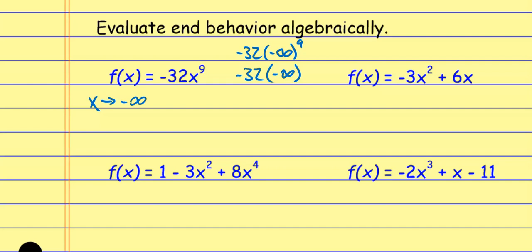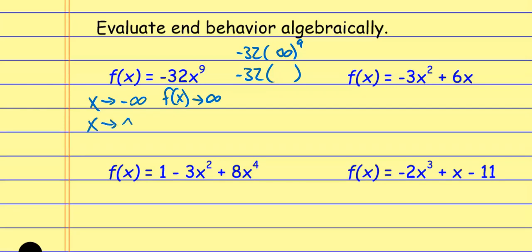So I say negative 32 times negative infinity is like positive infinity. And really, hopefully you recognize this as, oh, it's just signs, okay? Any negative number to the ninth power is a negative value. And now any negative times a negative is a positive. So f of x, the y, is going to approach positive infinity, okay? And so if we just think about it in terms of signs, I want to do the positive infinity next.